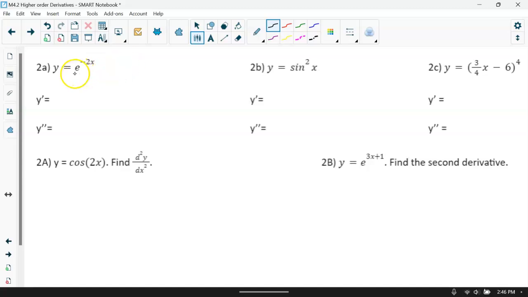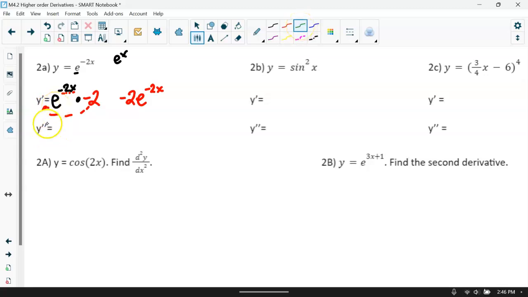Well, anytime we had e to the x, it's just e to the x, or e in this case to the negative 2x, then times the derivative of the inside function, which is negative 2. So now rewrite this, because this is going to be key. This is negative 2 times e to the negative 2x. So that is the first derivative. Just move your coefficient so that it's out in front.